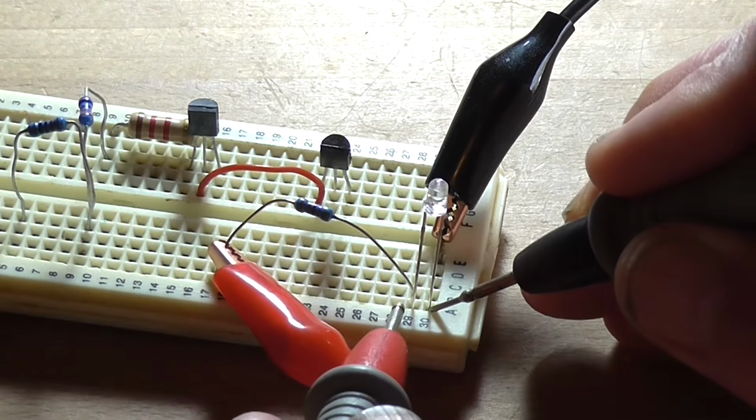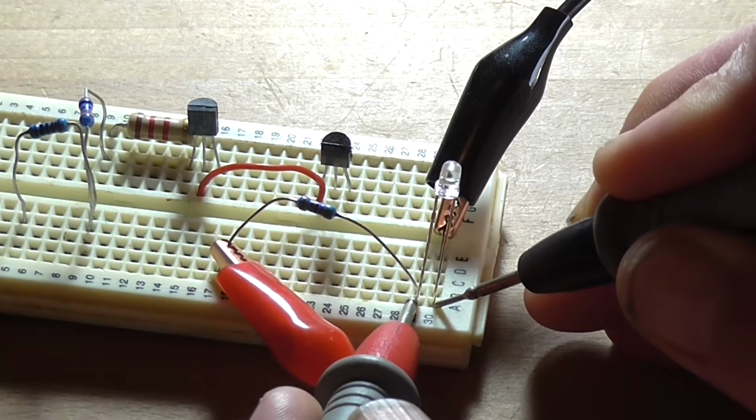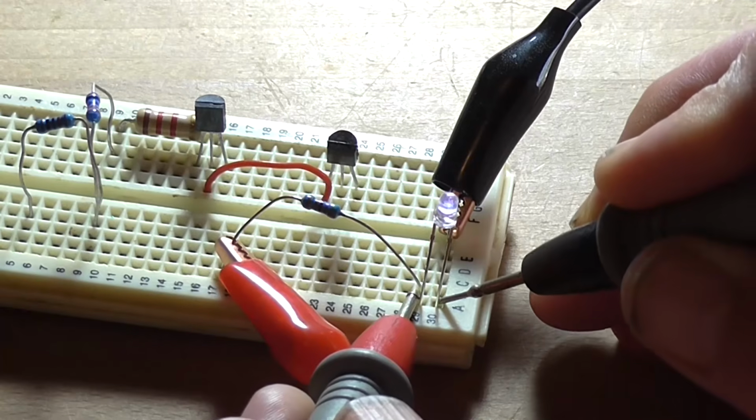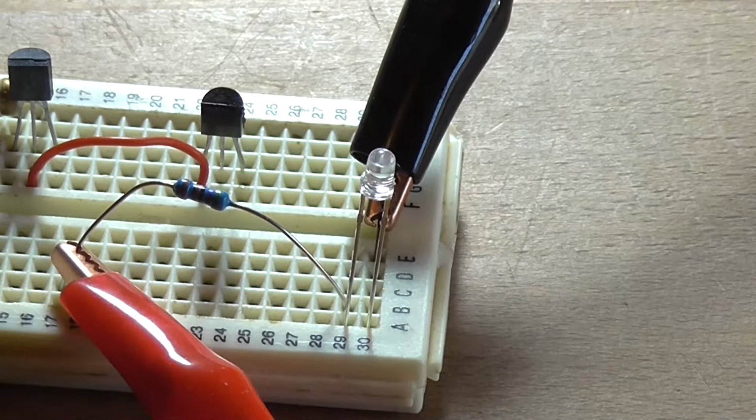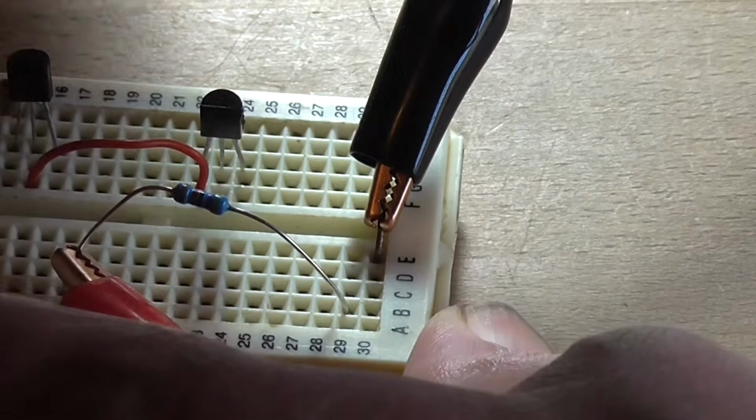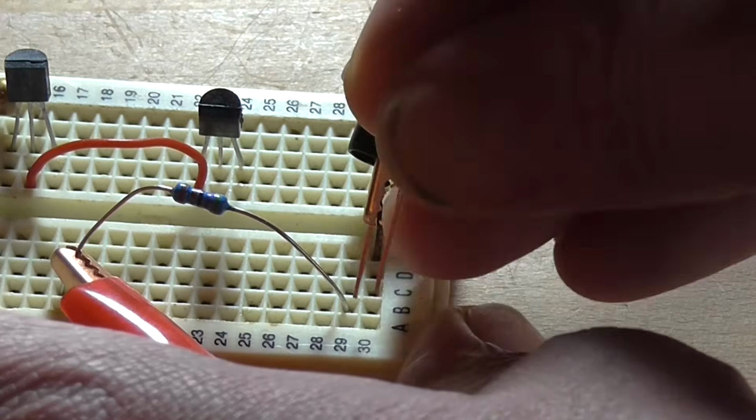So if I put negative there, and positive on there. Right, the LED's lit. And as we can see, we've got 2.58 volts, significantly higher. So we could say that the forward voltage of this LED is 2.6. So isn't that special? Alright, I'm going to go back to my original LED, the blue one, because I like blue.